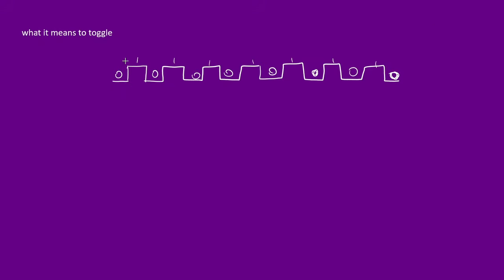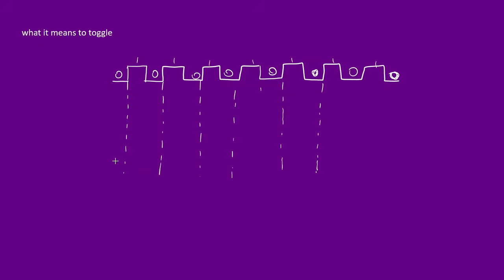So if we were toggling with the active edge trigger, which means that I'll first of all point out every region when I'm changing from a 0 to a 1. Okay, 0 to 1, 0 to 1.